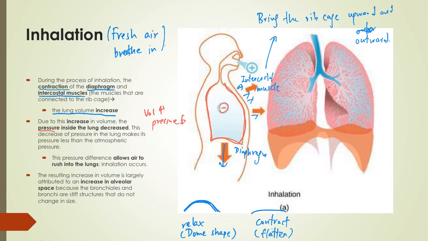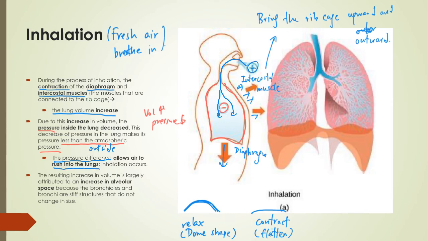So when the air pressure is lower than the atmospheric pressure, which means the pressure outside, what would happen? Because of the pressure difference, remember, air always travels from high pressure to low pressure.